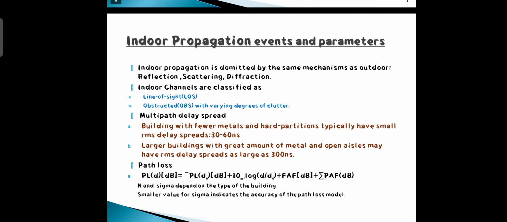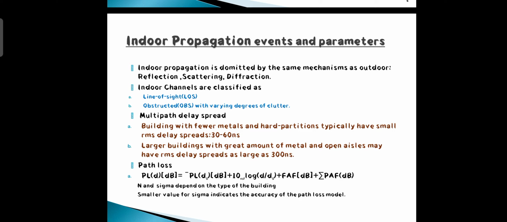Now, indoor propagation models: events and parameters. Indoor propagation is dominated by the same mechanisms as outdoor: reflection, scattering, and diffraction. In indoor propagation, channels are classified as line of sight and obstructed with varying degrees of clutter.